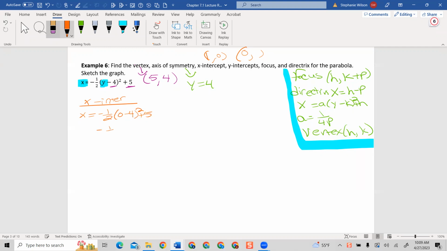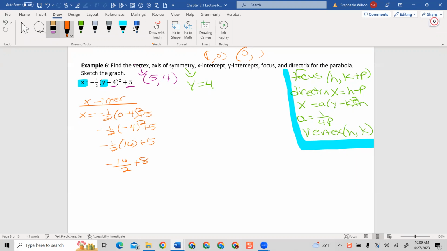So now I get negative half times negative 4 squared plus 5. Negative half. Negative 4 squared is 16. And I'm going to rewrite this as 1 times 16. You can reduce now if you wanted to, but I just wanted to show you where I get my answer.